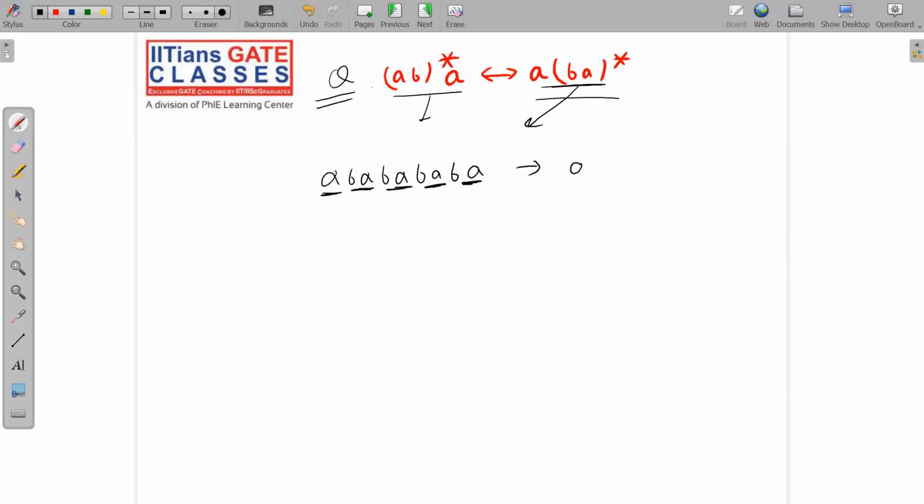So the same string can be represented as (AB) power 4 A, and also as A (BA) power 4. So these two are exactly equivalent.